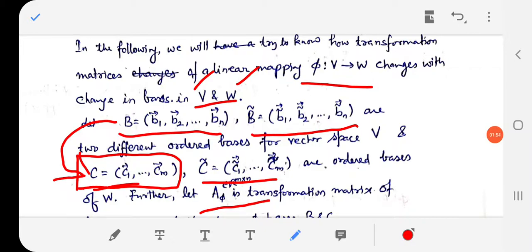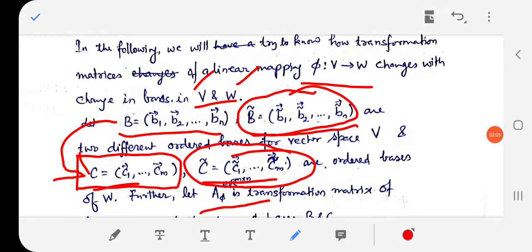Now the problem is, we have some other basis in V, which is this one, and some other basis in W, which is this one, and we want to take the coordinates with respect to this basis to this one.